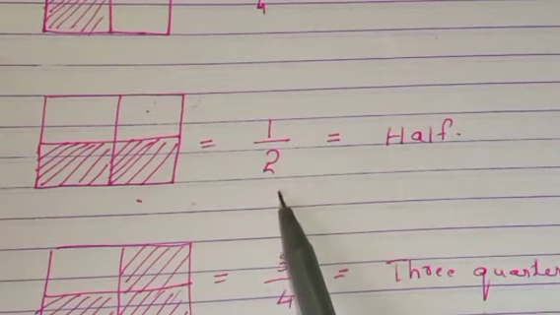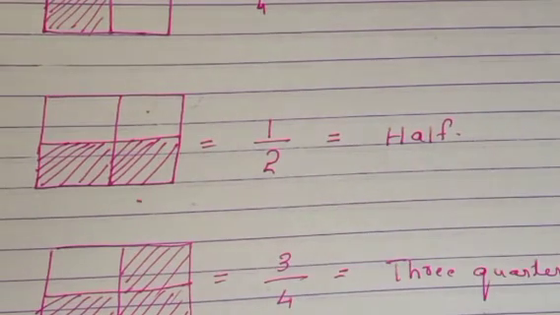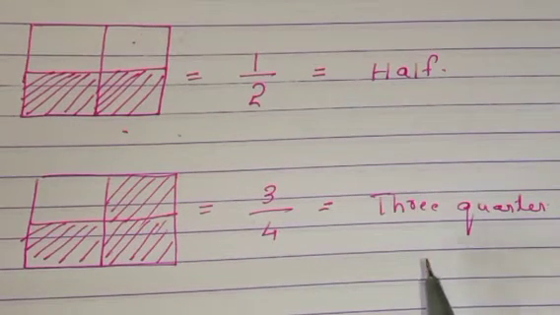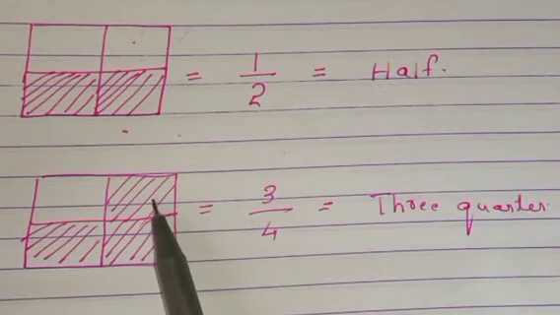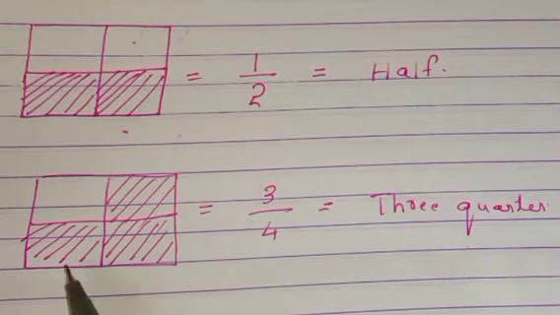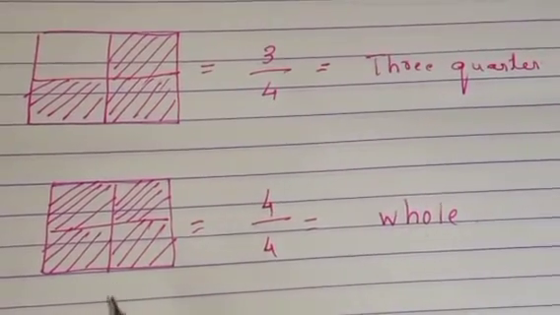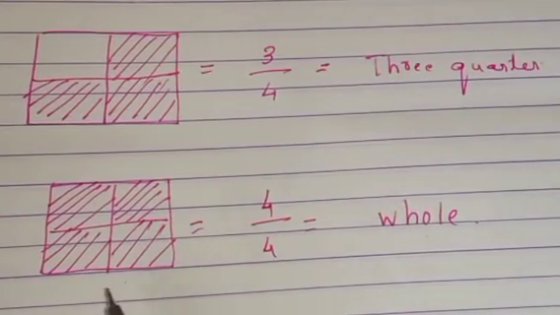So this is half. Next, this square is divided into 4 parts and 3 portions are shaded. So we can write 3 by 4, otherwise 3/4. Here 1/4, 1/4, 1/4. So 3/4.